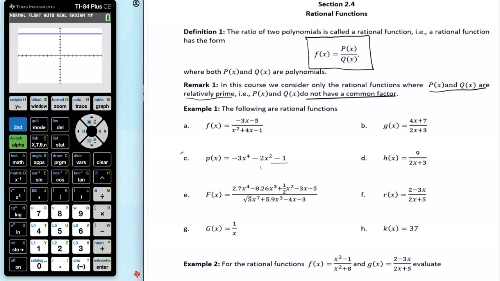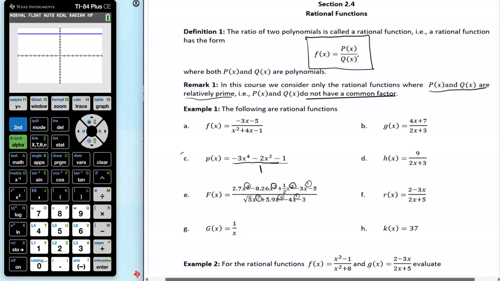Part C is not what we would typically consider a rational function, but if we put the fourth degree polynomial in the numerator and then put it over 1, that basic polynomial function can now fit the definition of a rational function. Taking a look at E, you notice it has quite a few decimals and square roots and fractions in it, but that's okay because the powers in the numerator are integer powers and the powers in the denominator are integer powers.